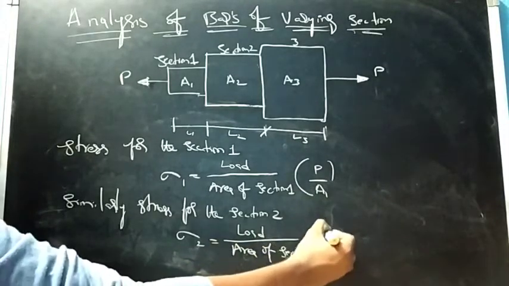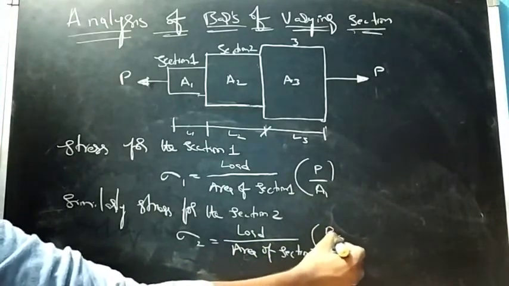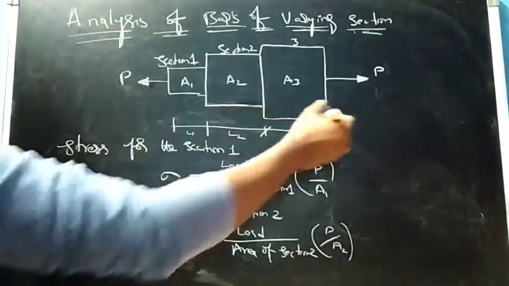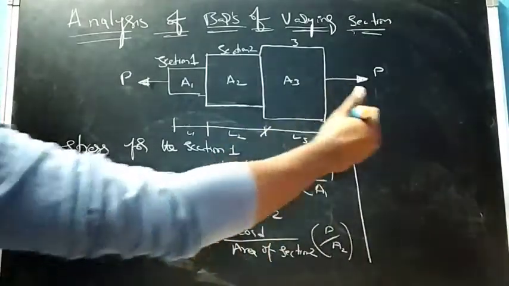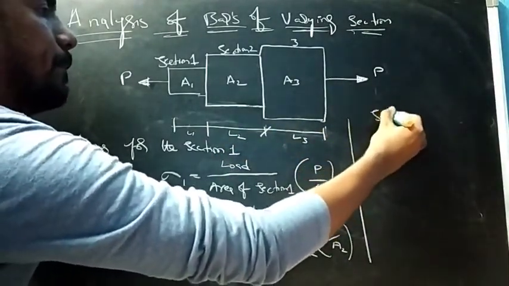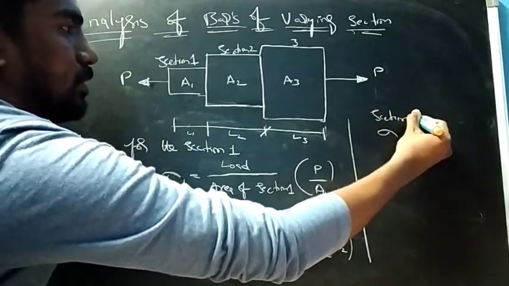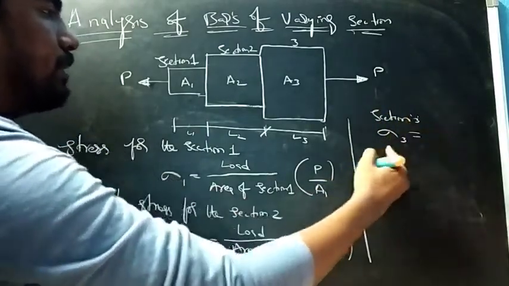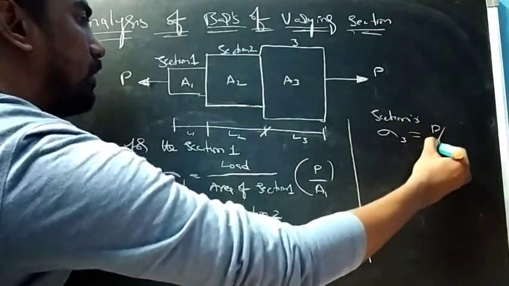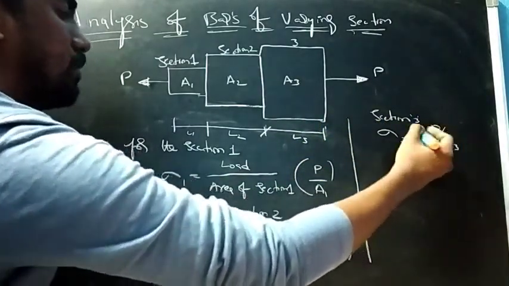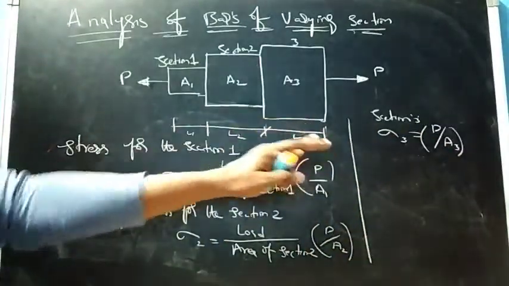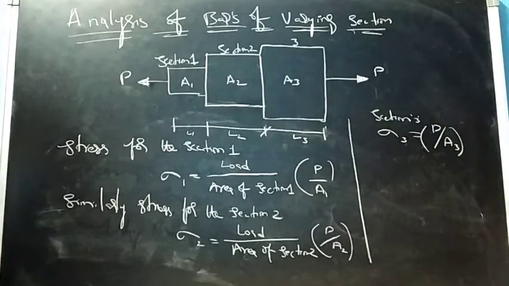So that will be P upon A2. Similarly, for section 3, the stress will be sigma 3, that will be P upon A3. So this will be the stress for section 3, right?